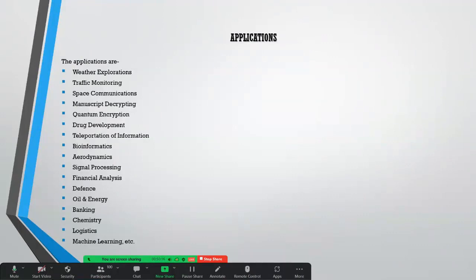There can be various applications of photonic quantum computers, like weather exploration, traffic monitoring systems, space communication, manuscript decrypting, quantum encryption, drug development, teleportation of information, bioinformatics, aerodynamics, signal processing, financial analysis, medical analysis, defense, oil and energy, banking, chemistry, logistics, machine learning. There are a lot of things.